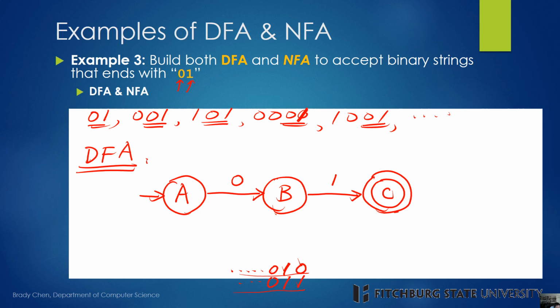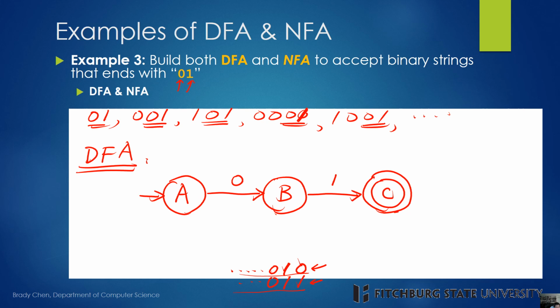Because it does not end with 01. The first one ends with 10, and the second one ends with 11, right? So that means the next state is not the accepting state anymore.